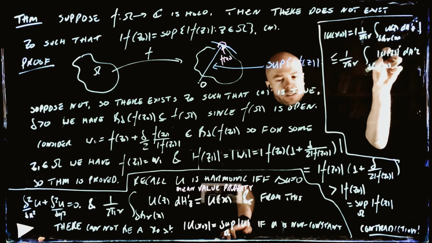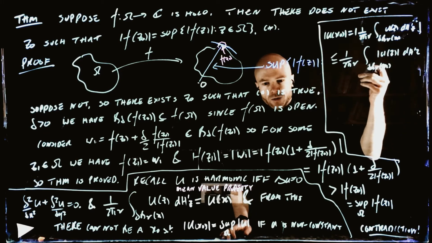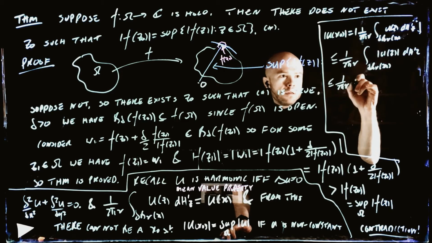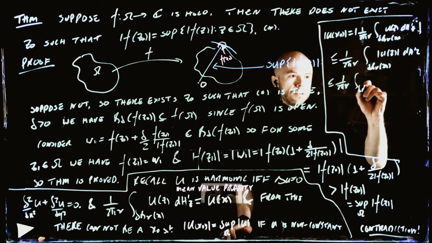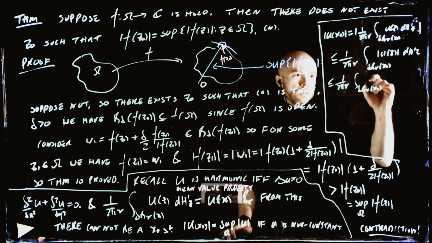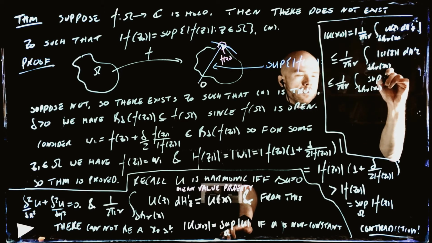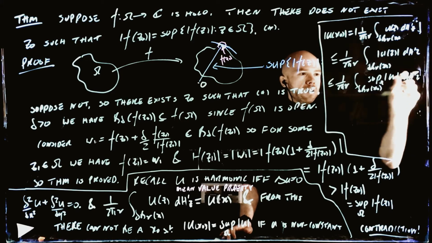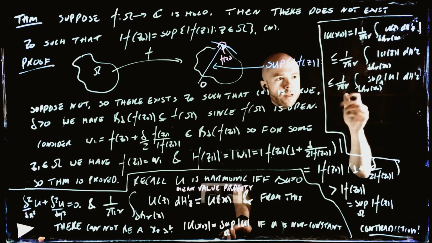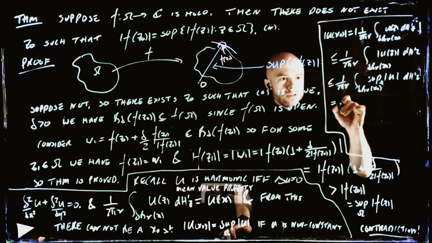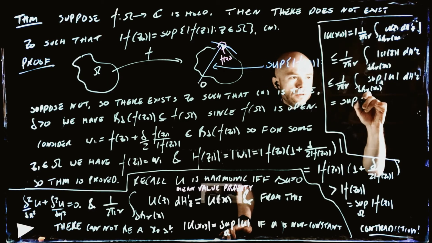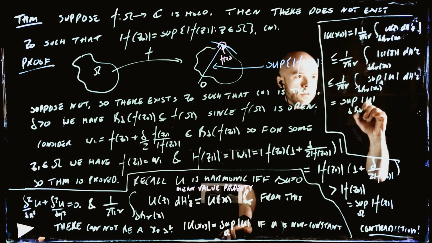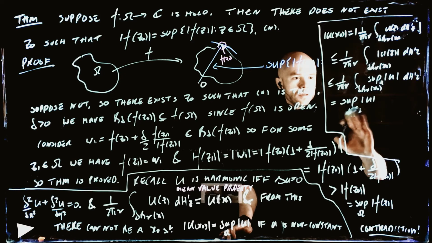And then this thing is less than the supremum of u over the entire domain, right? That's less than the supremum of the absolute value of u over omega, dh1 of z. This thing no longer depends on z, so we can pull it out. So then we just have that this is just the supremum of the absolute value of u over omega.